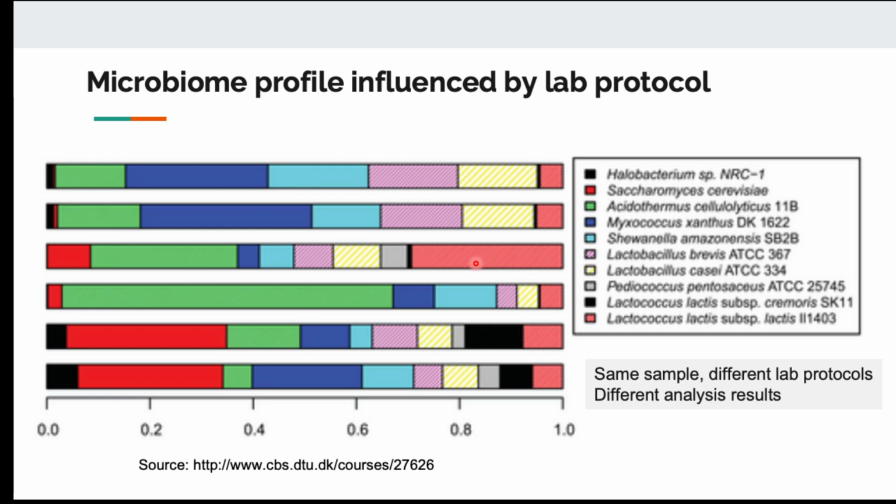So the best approach, when you design your metagenomic analysis, is to include all the controls, everything in your design, and produce the data yourself. We will see later on that for other omics like transcriptomics or proteomics, it's sometimes safe to download data from different papers and analyze them together. But for metagenomics, it's not. This is something that I want to emphasize.